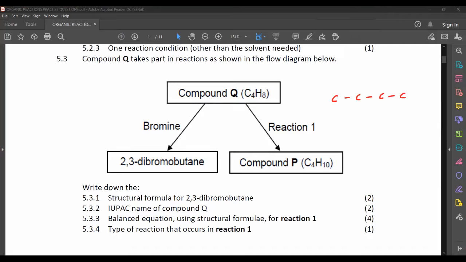This is under the subtopic naming of organic compounds. 2,3 dibromo. So on carbon number 2, I can put a bromine. On carbon number 3, I can also put a bromine. Let's call this 2,3 dibromo. Remember, in this case, I'm just counting from the left-hand side. You can do it either way. It's going to give you the right answer, whether you count on the left-hand side in this example or on the right-hand side. So this becomes the structure of 2,3 dibromobutane.